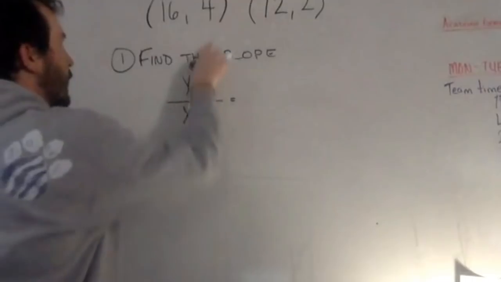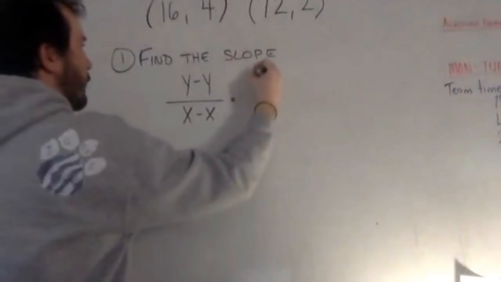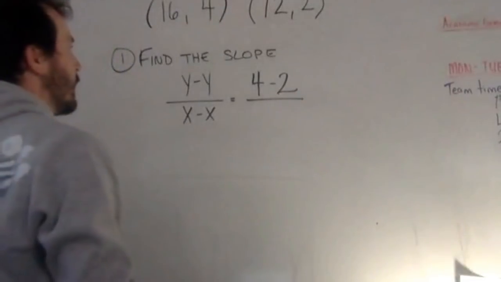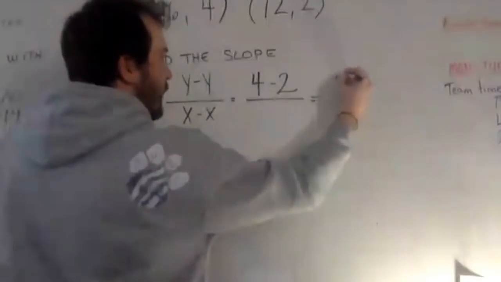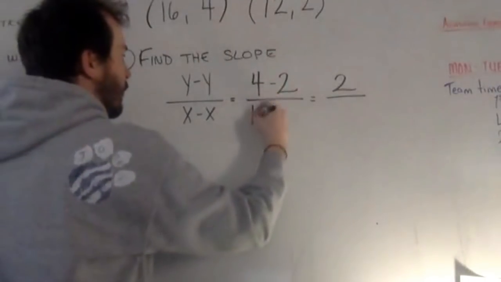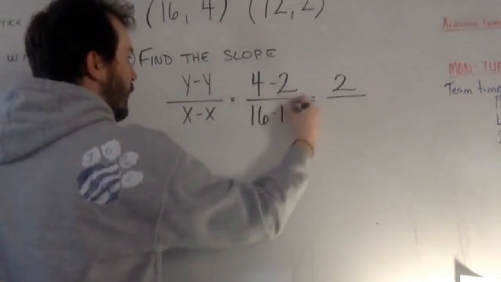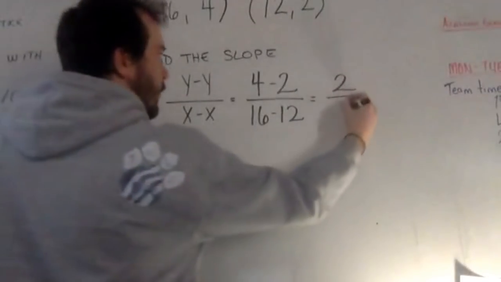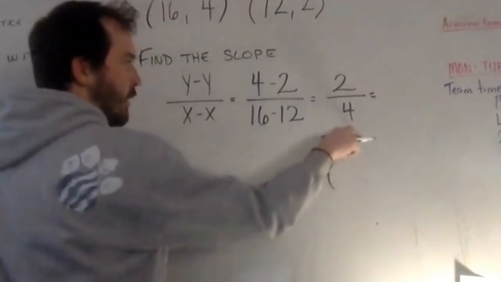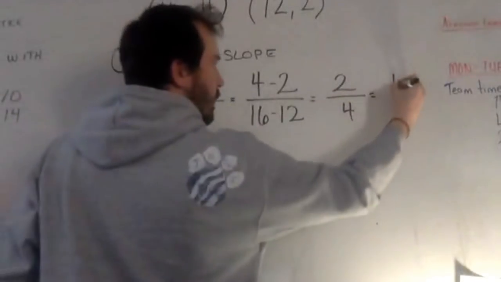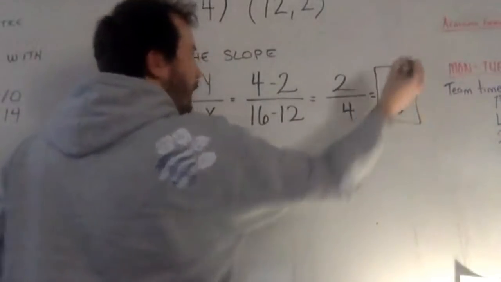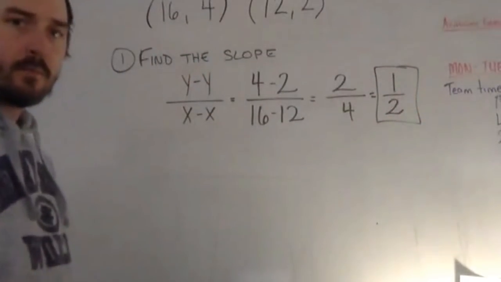Our two y values are 4 and 2, so 4 minus 2 is 2. Our x values are 16 and 12, so 16 minus 12 is 4. We can then say our slope is 2/4, or simpler, 1/2. So this 1/2 is our slope.